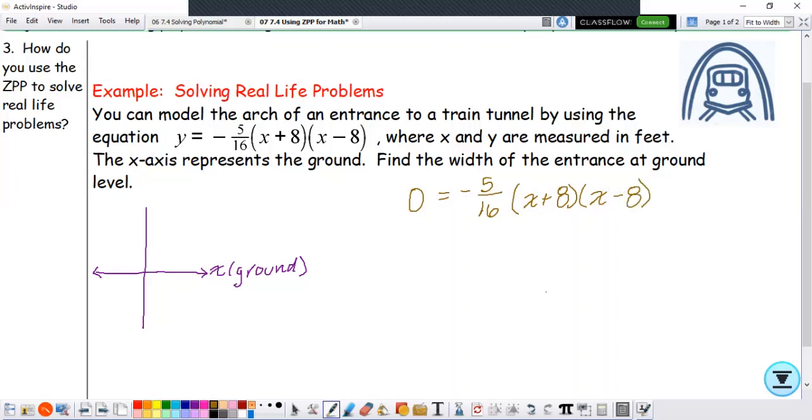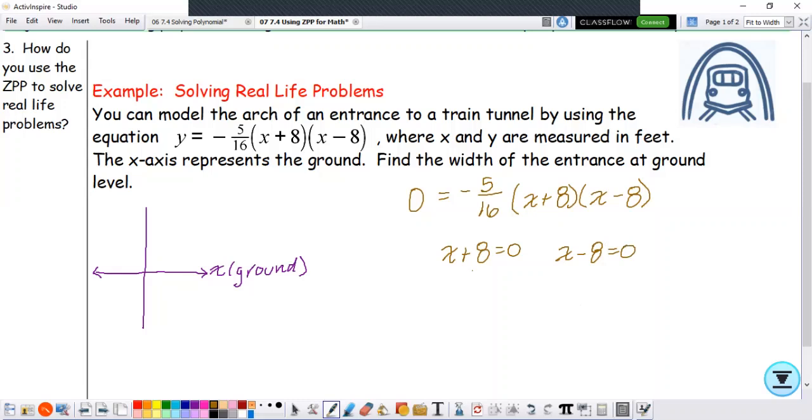And to solve this using the zero product property, we're going to set any factor that could end up having a value of 0 equal to 0. So in this case, x plus 8 could equal 0, and x minus 8 can equal 0.